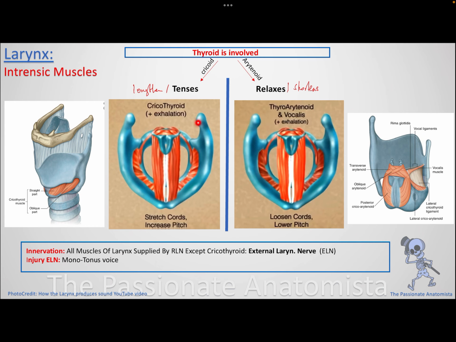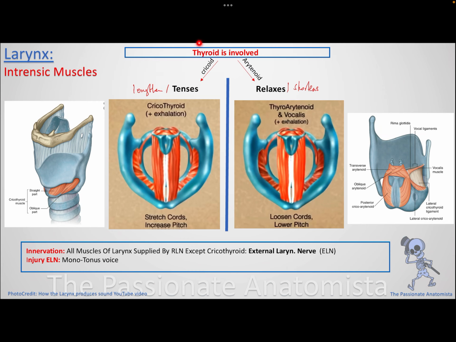Now, when we talk about tension or lengthening and shortening of the vocal folds, remember that the thyroid is involved. The most important thing in phonation and in talking is to work on the vocal folds.